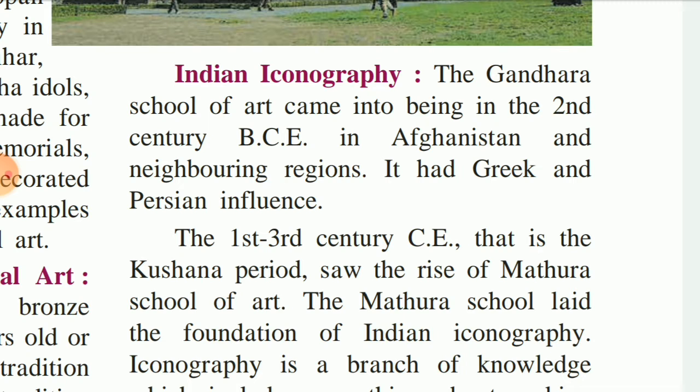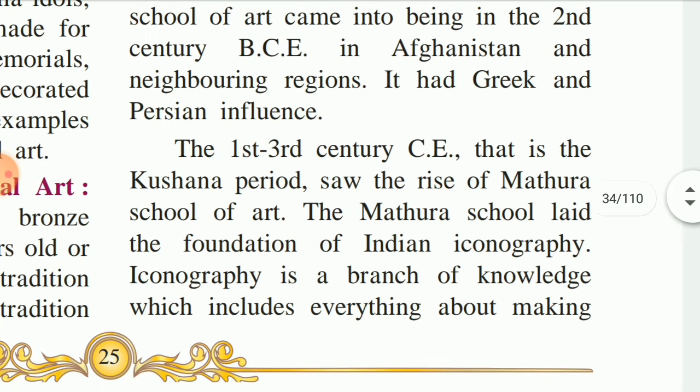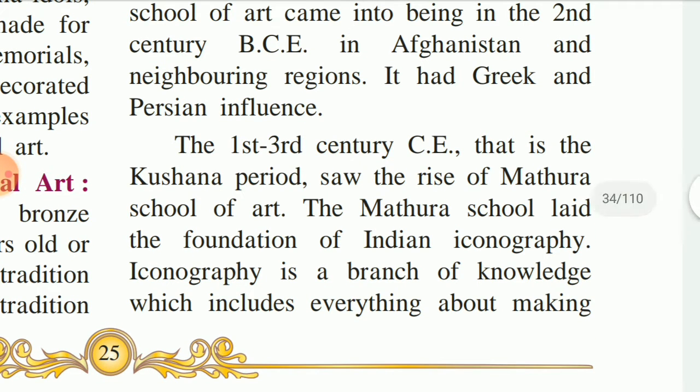The 1st and 3rd century Common Era, that is the Kushana period, saw the rise of Mathura school of art. So we have seen in Afghanistan the Gandhara school of art. In India, during the Kushana period, Mathura school of art came into existence. The Mathura school laid the foundation of Indian iconography.